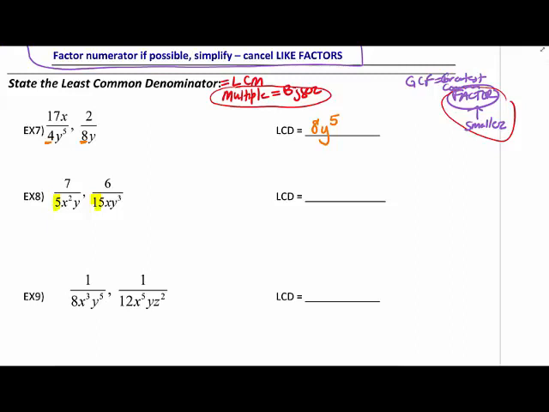So the multiple between those is 15. For my x's, remember we take the bigger amount, so it's x squared. And for the y's, we take the bigger amount, which would be y cubed. Multiples, which is a least common denominator, we're building it, we're making it bigger.